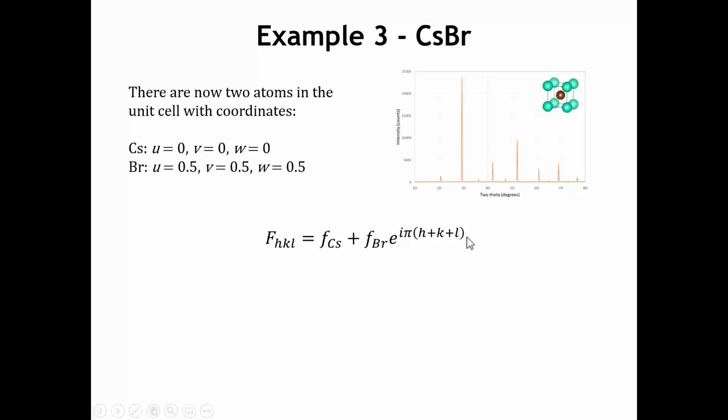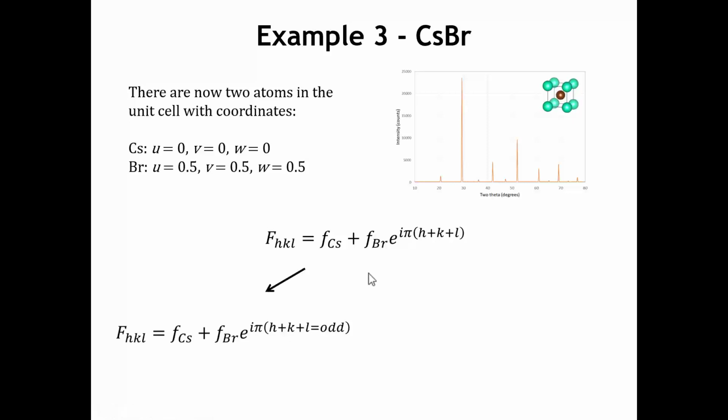Right? This looks just like our structure factor equation for tungsten, for the body-centered cubic metal, with one important difference. And that difference is that the amplitudes of the two waves are not the same. Cesium is heavier than bromine, so that means that the amplitude of this wave is going to be bigger than the amplitude of this wave.